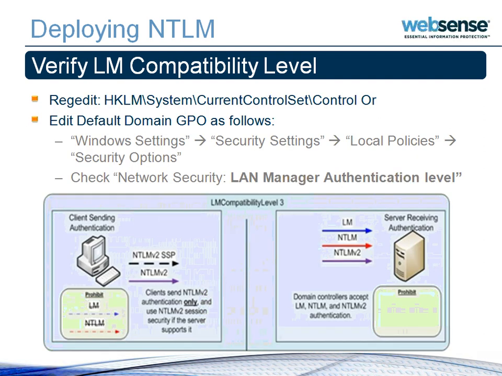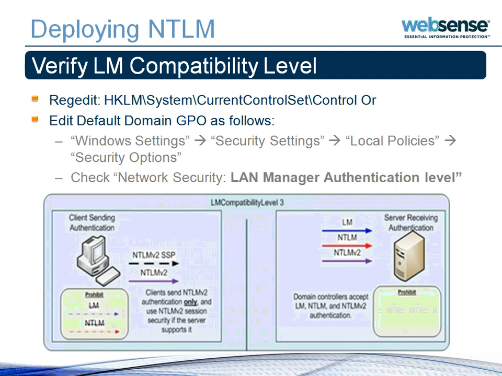This slide perhaps shows the relationship between the LM compatibility level 3 a little bit better. To find out the compatibility level for the LAN manager on your server, you can go to HKEY_LOCAL_MACHINE, System, CurrentControlSet, and then Control, and from there you can look at the LM compatibility level, or you can go into the default domain group policy, and under the local policy security options, you can look at the LAN manager authentication level policy under network security, and it'll tell you exactly what it defaults to.